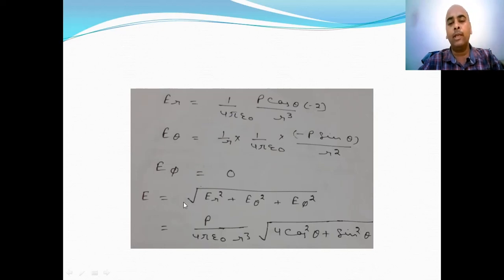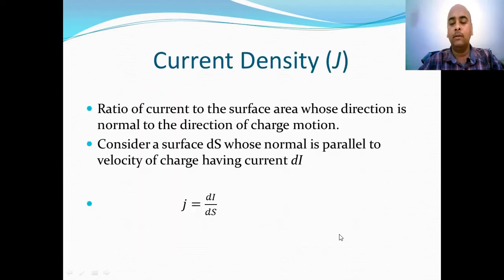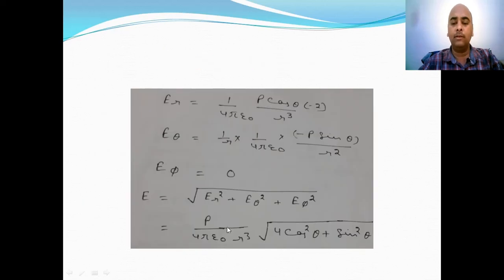The total electrical field at point P can be calculated by taking the square root of E_r square plus E theta square plus E phi square, and by taking terms common and using these manipulations, we obtain that the total electrical field at point P is P upon 4 pi epsilon naught r cube times the square root of 4 cos square theta plus sin square theta.